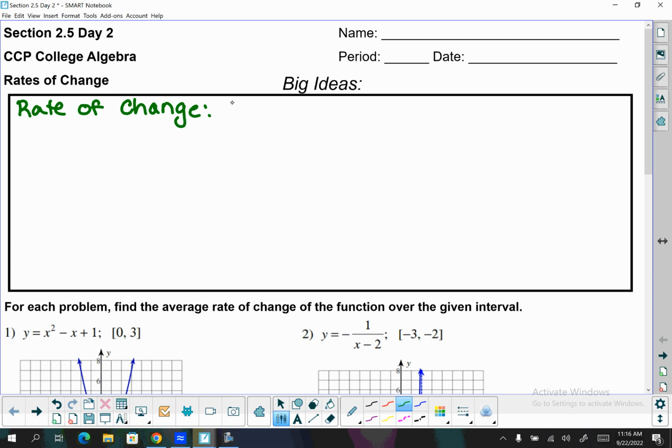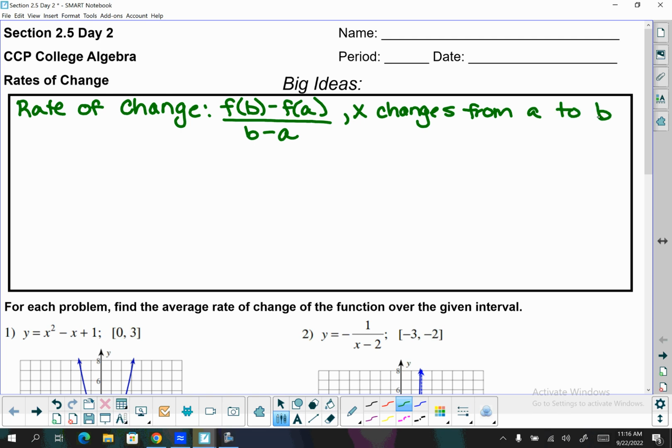Okay, so it is f of b minus f of a all over b minus a. Okay, and that is where x changes from a to b. Okay, so that's our formal formula explanation.